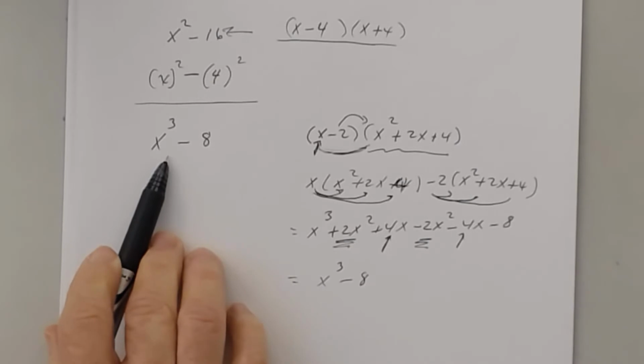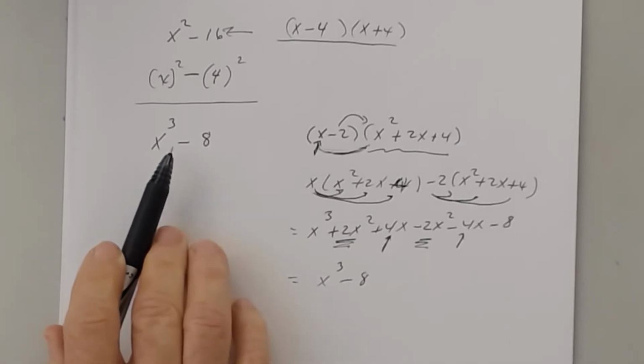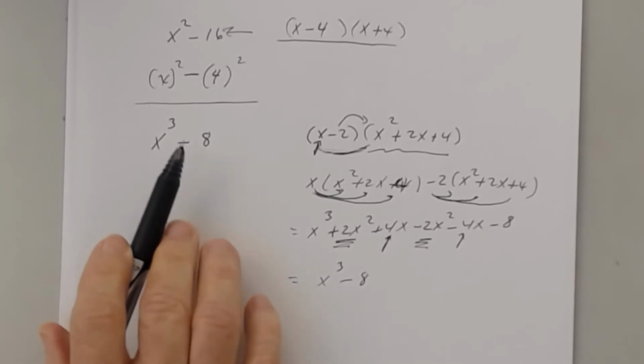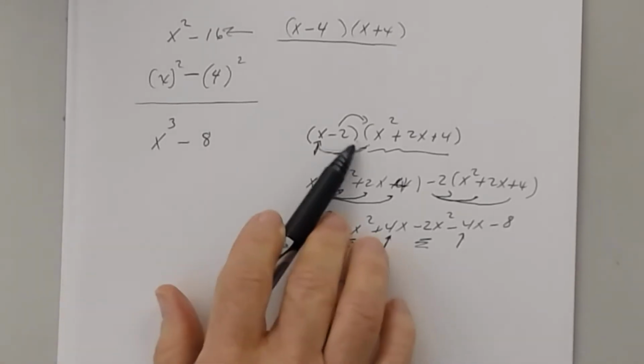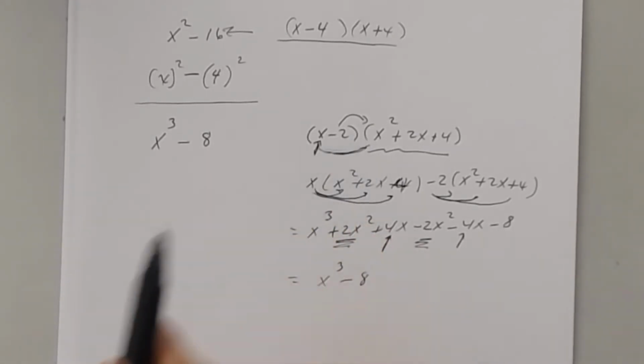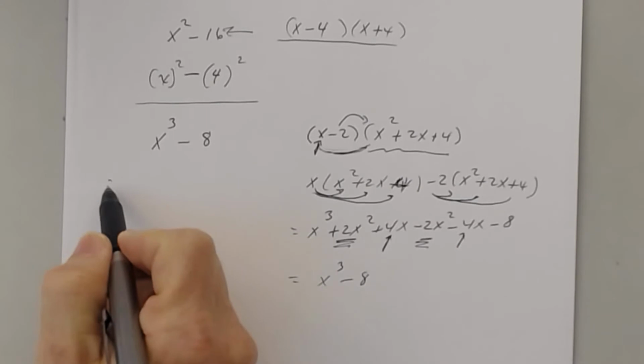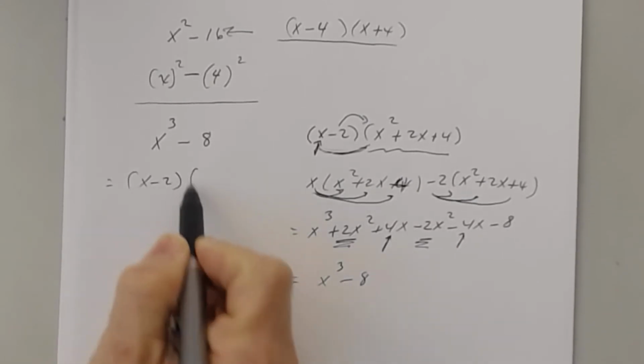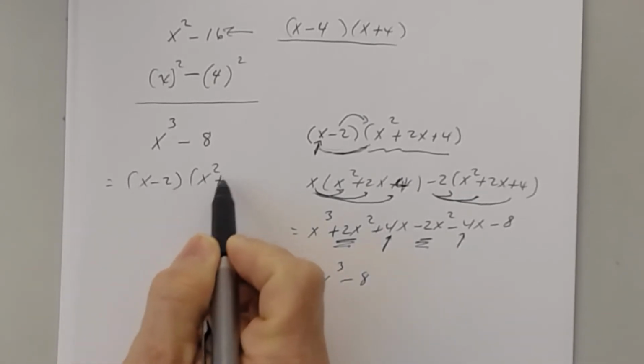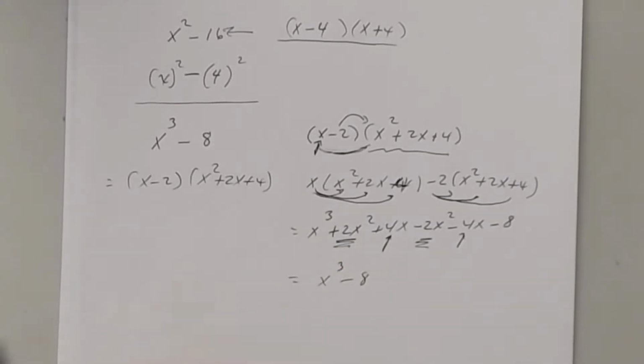Yeah. So it turns out that I can factor this. The factors of this are these. Because remember, factoring is where you write it as a product of factors. So this right here I can factor as x minus 2 times x squared plus 2x plus 4. Now you may say, well, how'd you get that? We're about to talk about that.